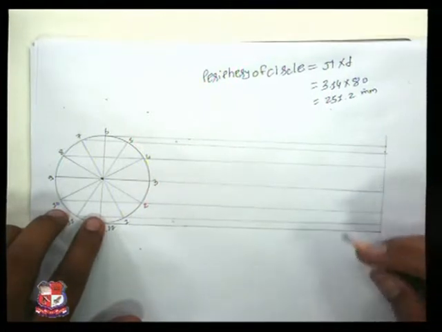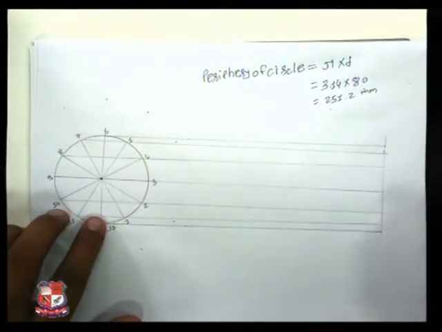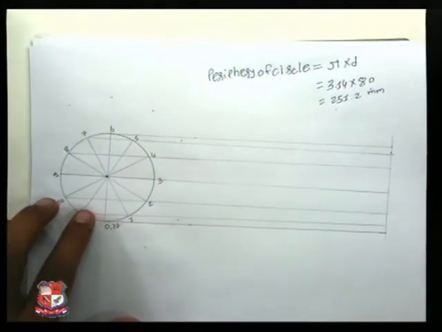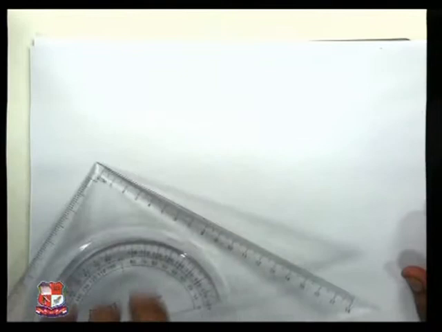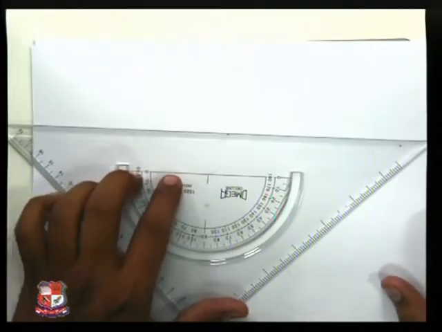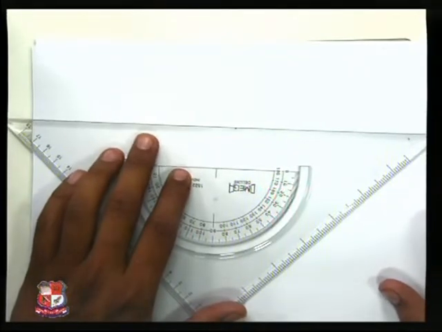Dividing an unknown distance line into equal divisions. I hope you know that. If you don't know that, we will have a look at it first of all. Let's say I am having a line of which distance I don't know.